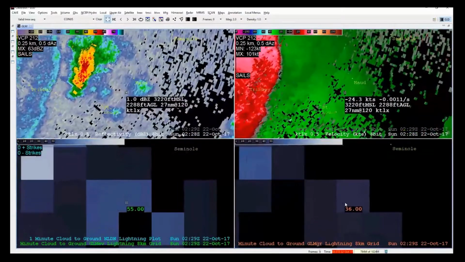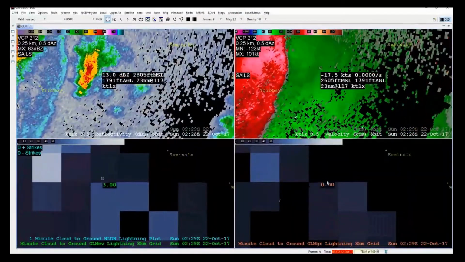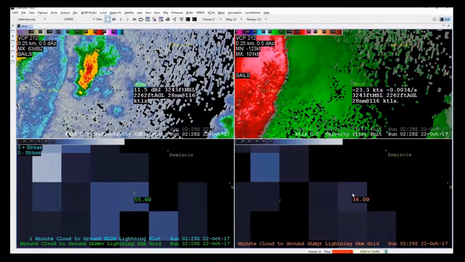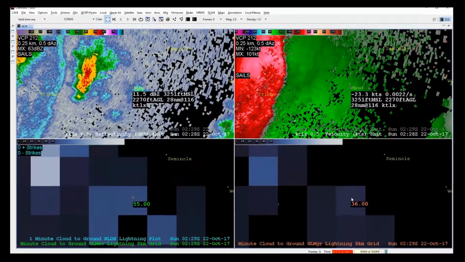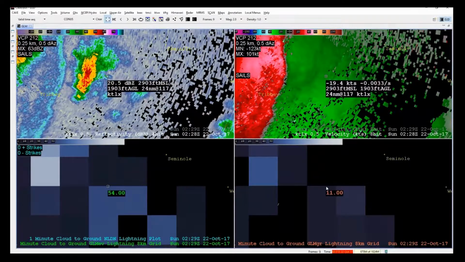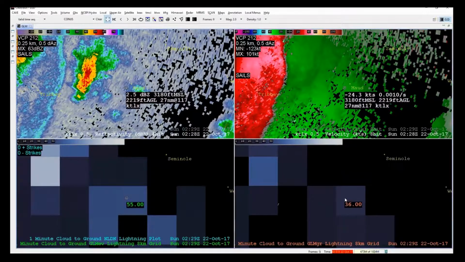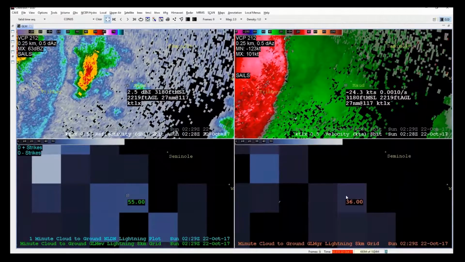I know it's to the east and maybe a little bit to the south, and it actually should be to the north and west. Right, it should be very close to the storm. This is one of the handful of significant issues being worked on with the GLM, and that is the geolocation of the data.